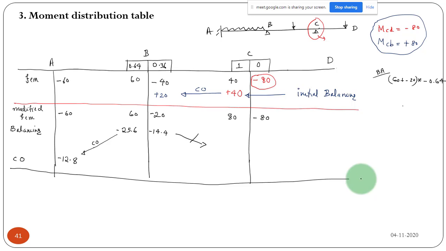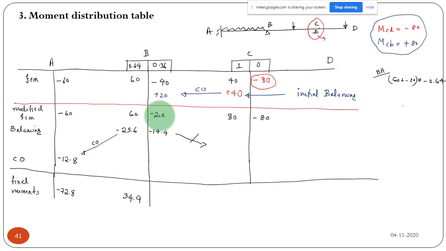So now we can get the value of the final moment. You take minus 60 plus minus 12.8, you will get minus 72.8, and here 60 plus minus 25.6, so you will get plus 34.4.